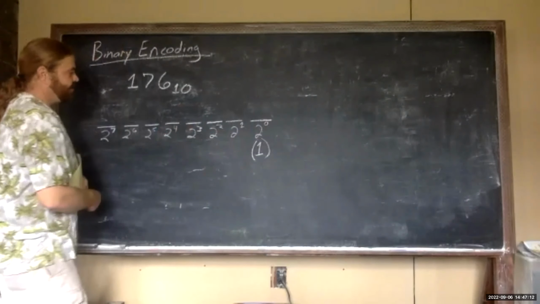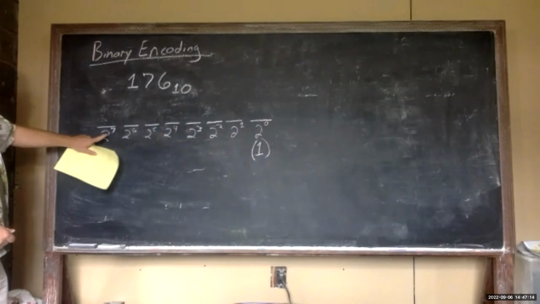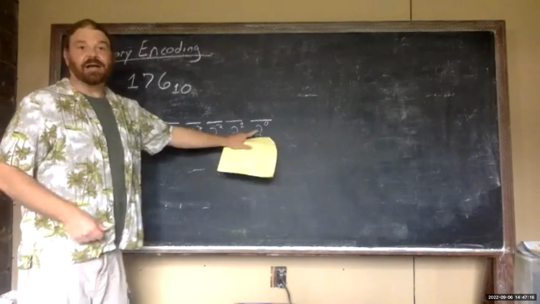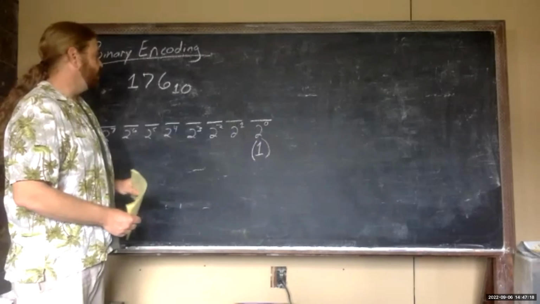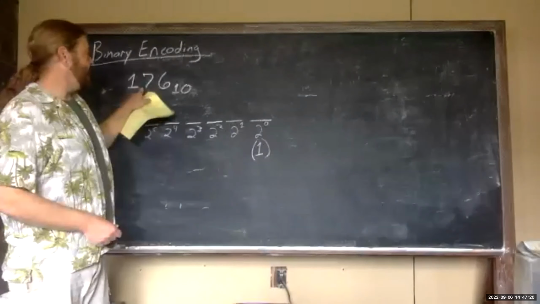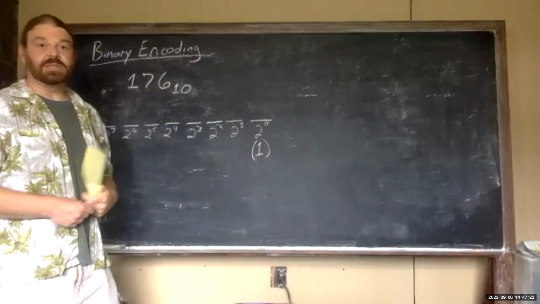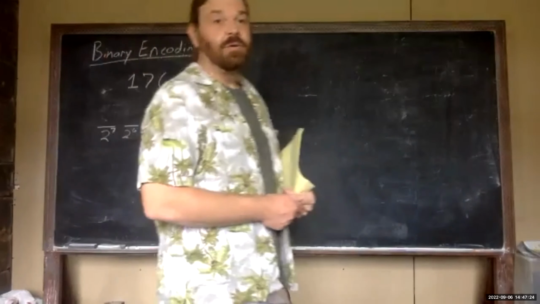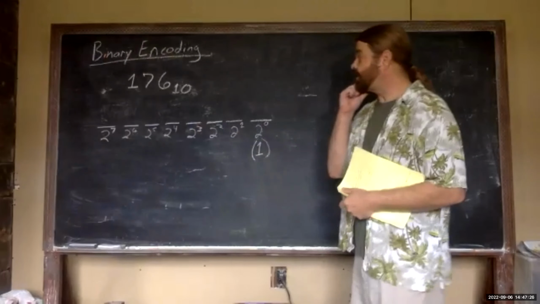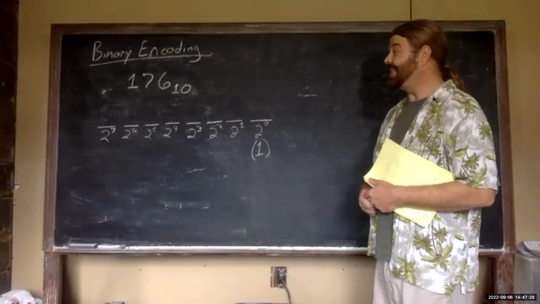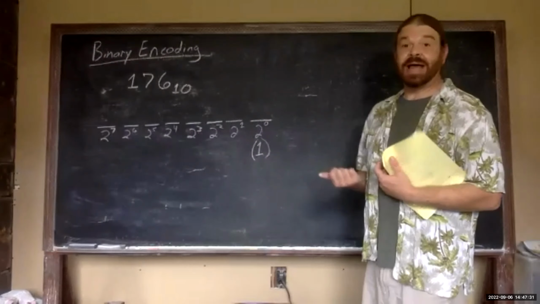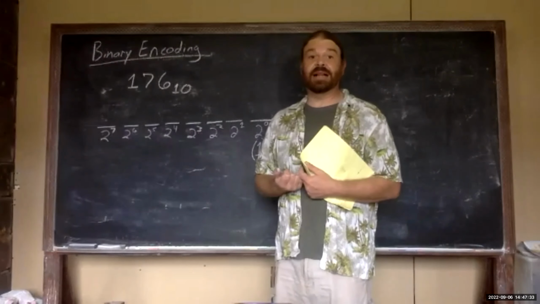But we need to figure out how many we have in each column in order to add up to 176, just like we always do in base 10, or like we just saw in base 7. But it's actually easier because we only have 2 possible values.